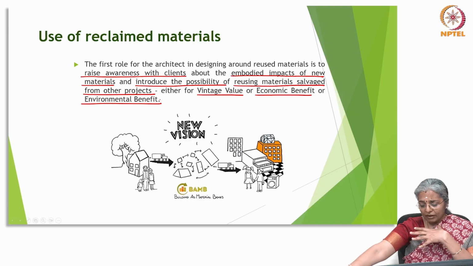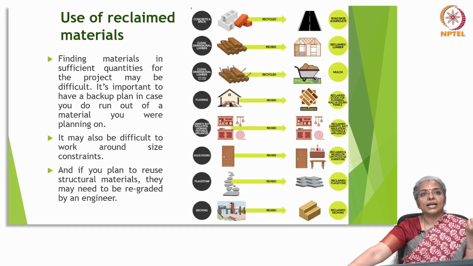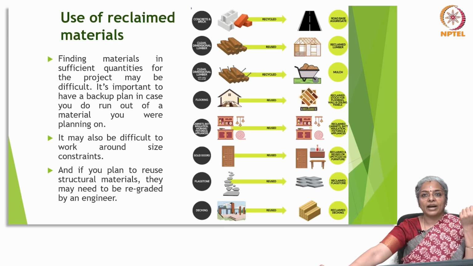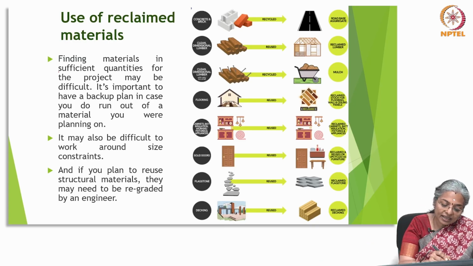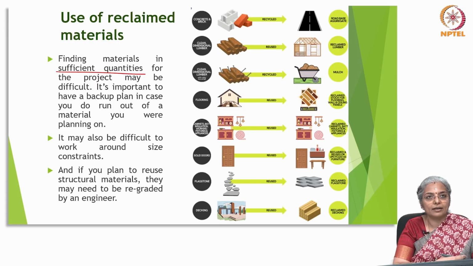So, we need to bring together all the stakeholders in order to make the BAMB, buildings as material bank, model successful. Now, when it comes to use of reclaimed materials, you need to first start finding materials in larger quantities for a project, which could be difficult.